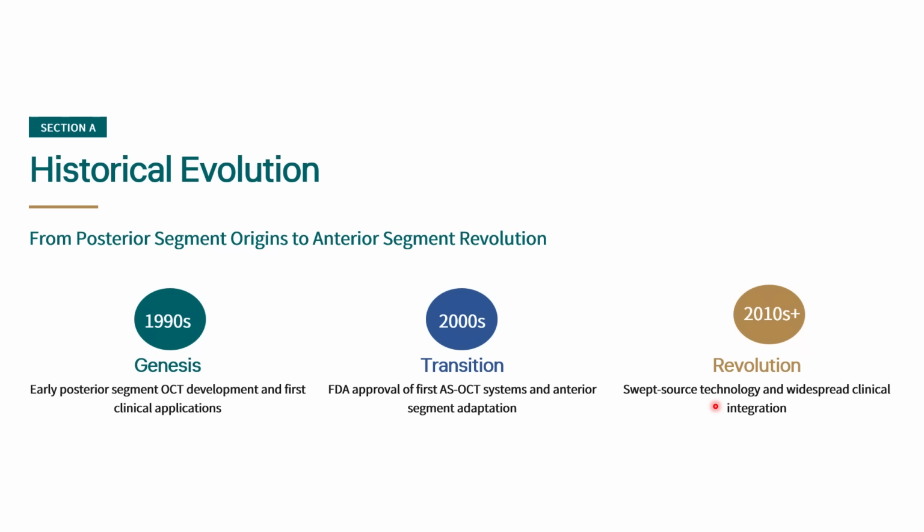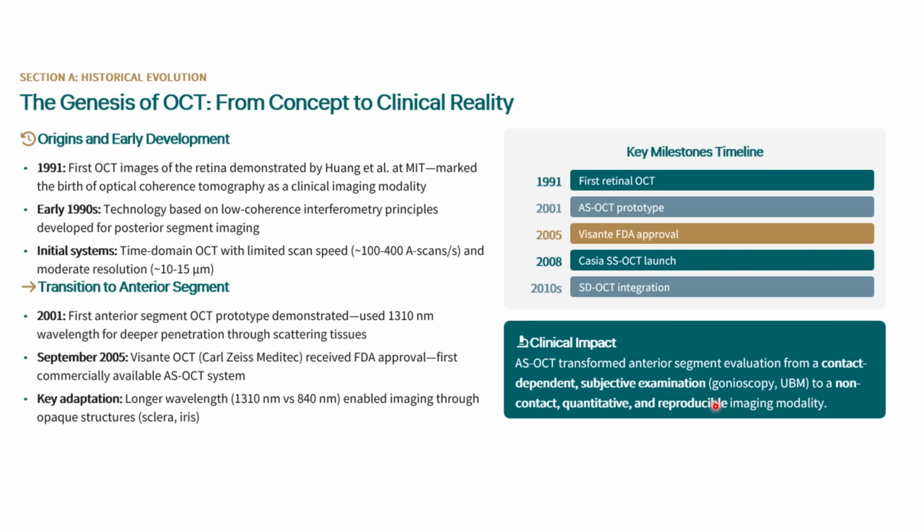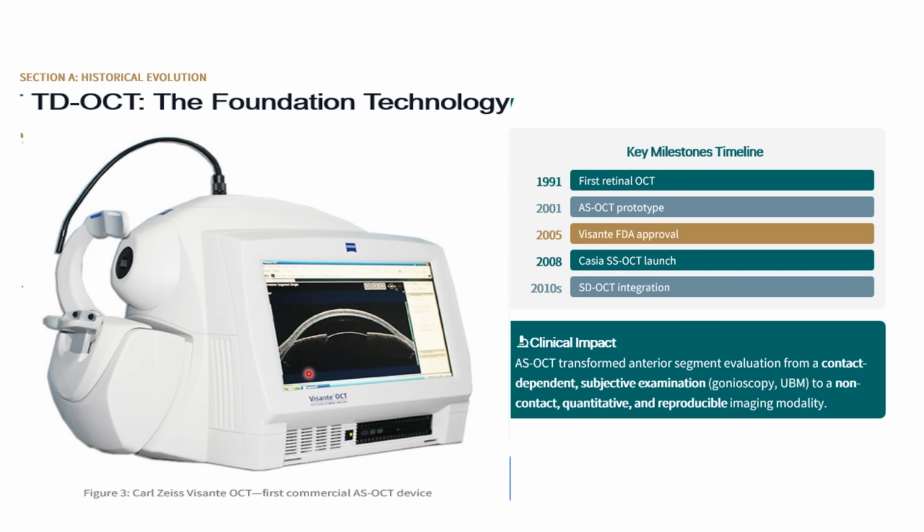And then the final evolution and refinement for this technology came with the emergence of the swept source technology. So the anterior segment OCT incorporated the swept source technology. So these are the main milestones in the genesis of the anterior segment OCT, from the first innovation in the 1990s as a posterior segment OCT. Then around 2000, the first OCT appeared as a prototype. Then the first FDA approved was by Carl Zeiss, the Visante anterior segment OCT. This is the first FDA approved anterior segment OCT from the Carl Zeiss company.